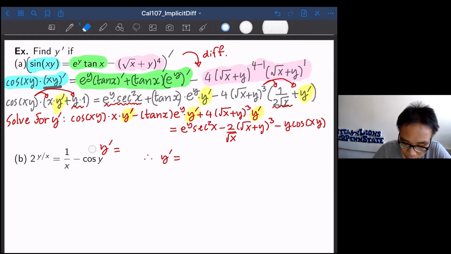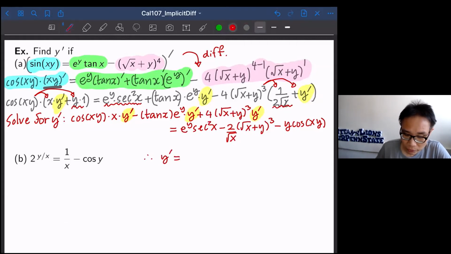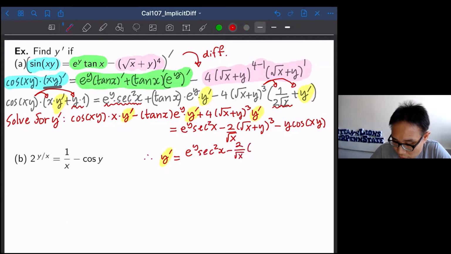You're gonna be able to solve for y prime very simply. You're just gonna copy everything: e to the y sec square x minus 2 over root x plus y cubed and minus y cos xy.